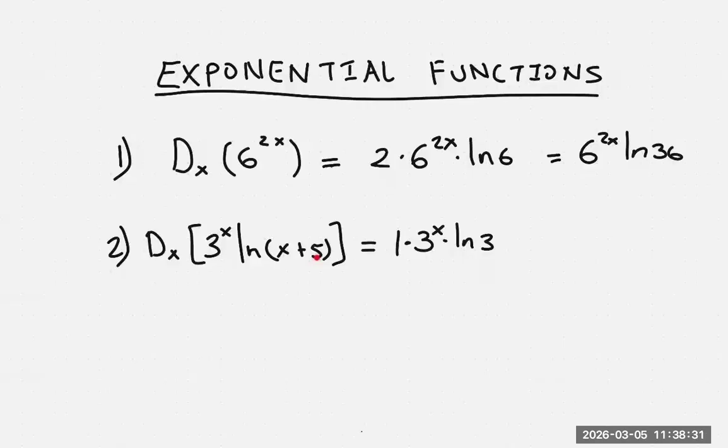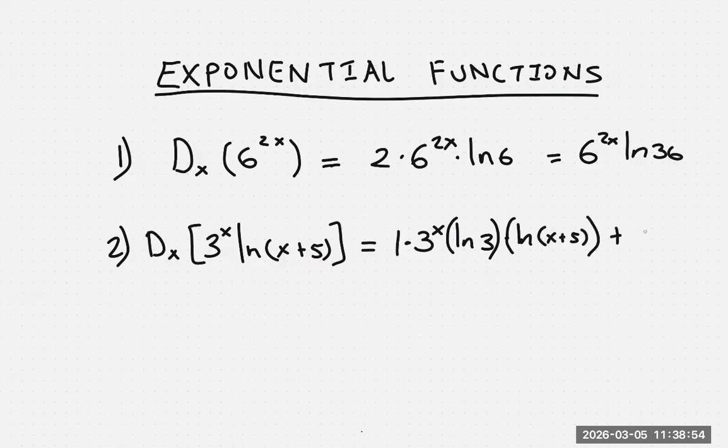So we have to multiply by this as well. So times, let's use brackets this time, ln of x plus 5, plus, now we'll leave the 3 to the x alone.